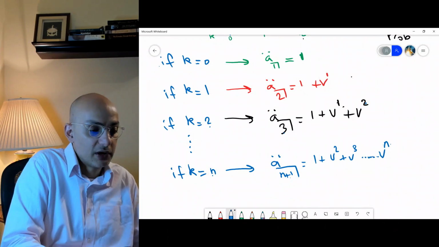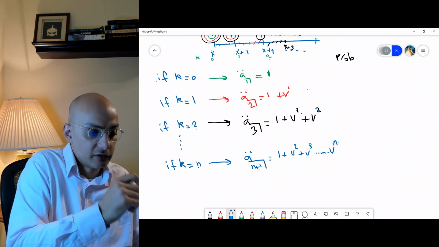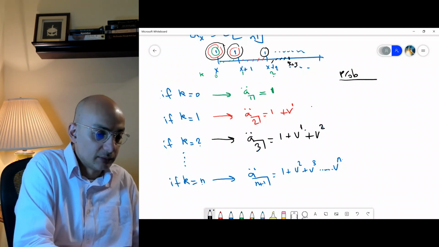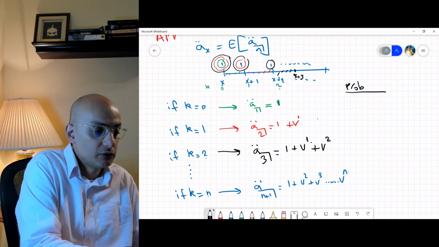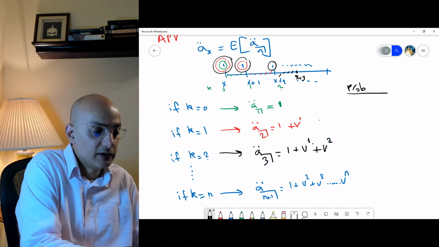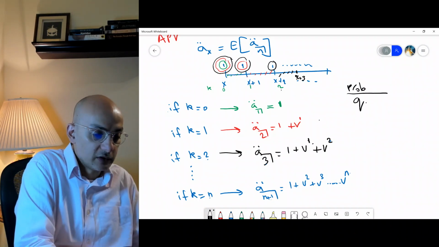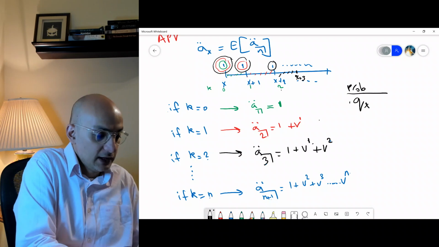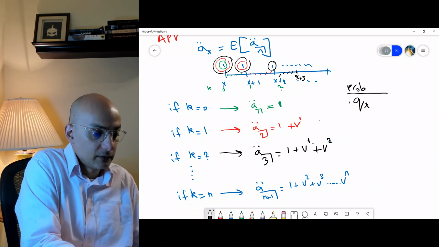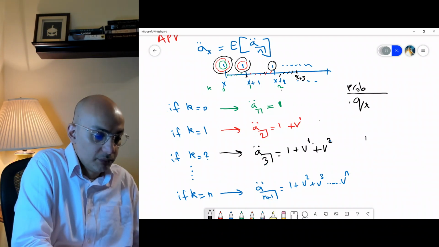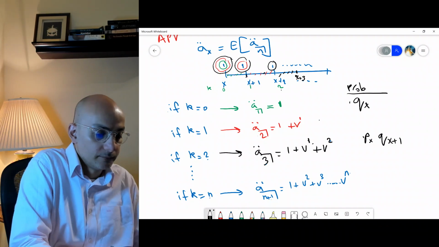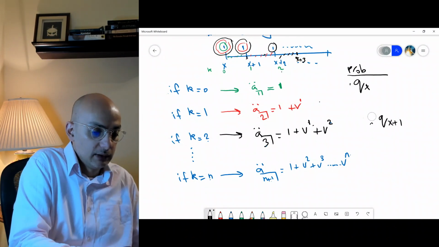Now to find the value of this, we need to calculate the probability of each term. The probability of the green one is death occurring in the first year. So it will be qx.